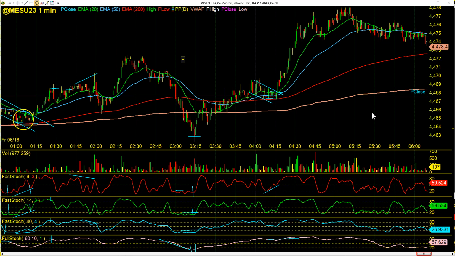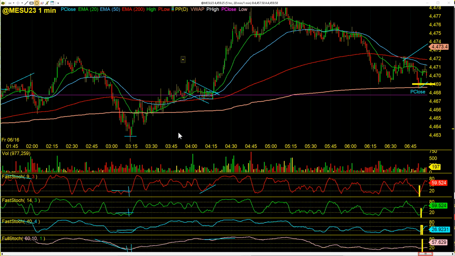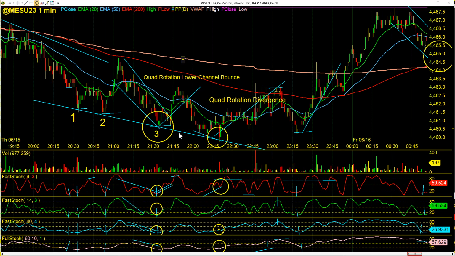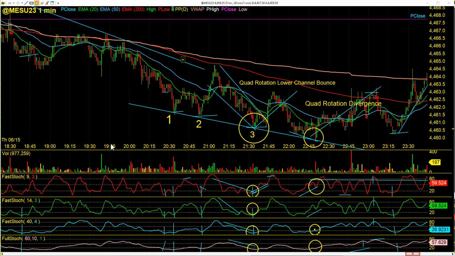So, I'll leave you with this. We're looking for 3 different kinds of setups with the market and the quad rotation. We're looking for a quad rotation and a divergence, which is here. We're looking at a quad rotation lower channel line bounce, meaning if we have something underneath this that is confirmed once, twice, 3 times, anything 3, 4, 5 on the downs underneath it, and you have a divergence or you have a quad rotation, you take that trade.